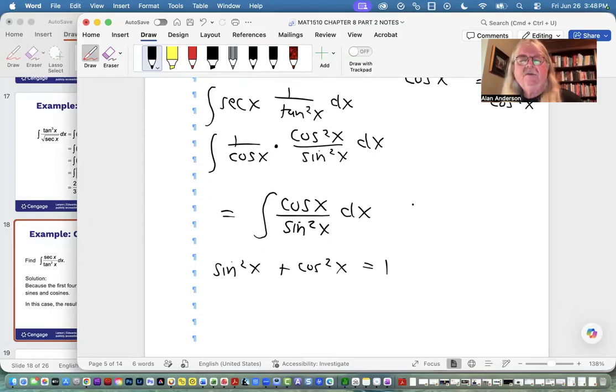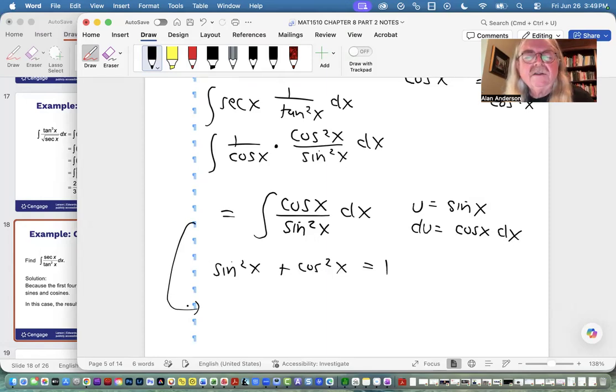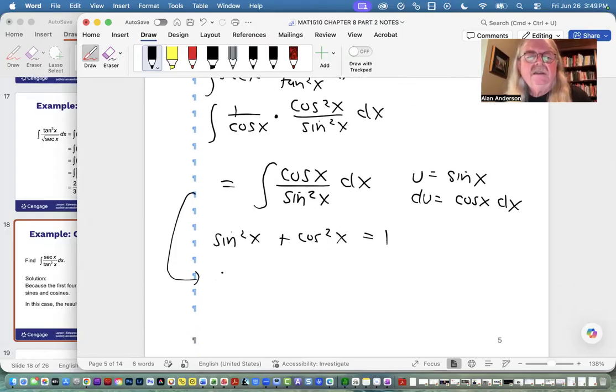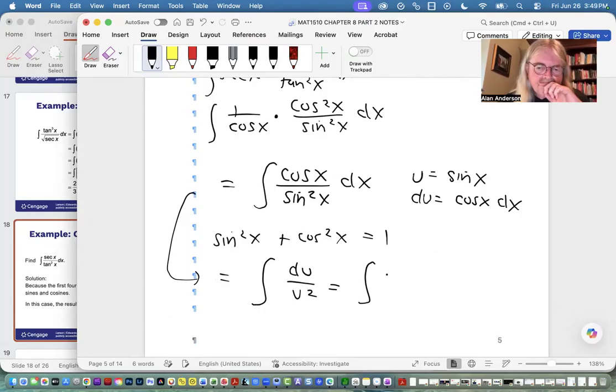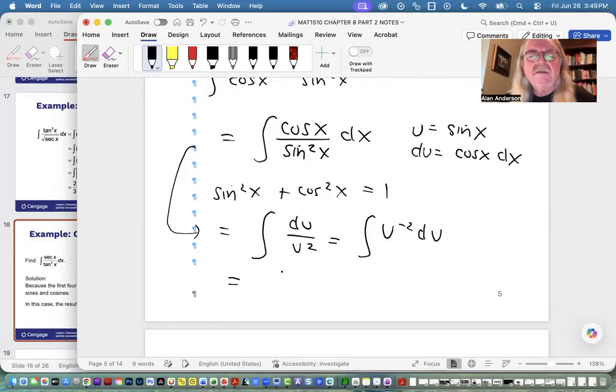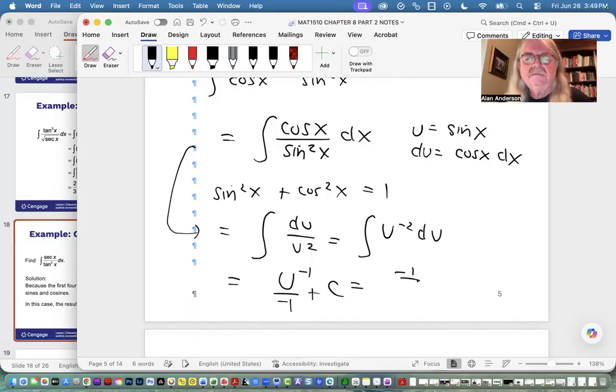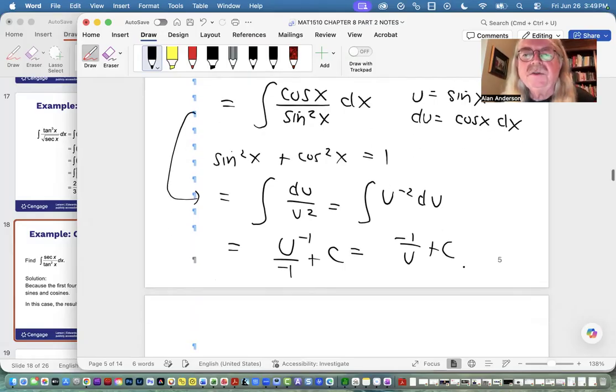If we let u be the sine of x, that looks promising, because now you've got du over, oh yeah. And that in turn brings us to, and of course, u is the sine.